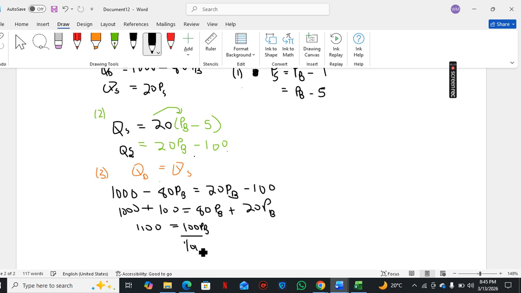So the value of PB is 11. The price the buyers are paying is 11 kwacha. Any questions? Once you get PB, step 4: get PS now.